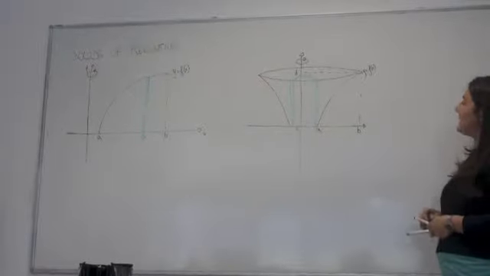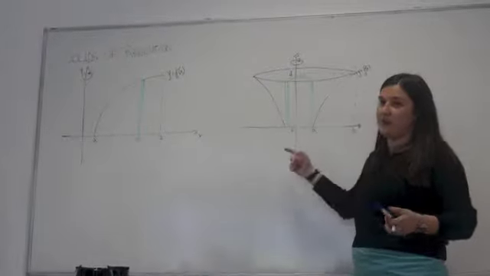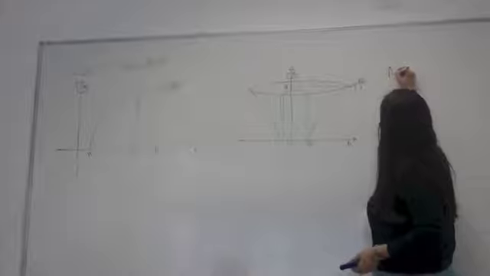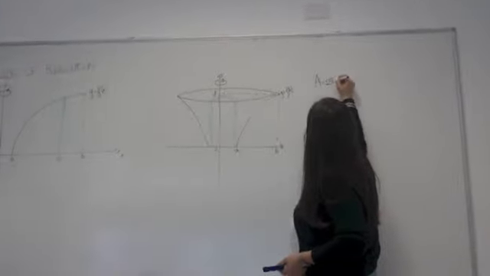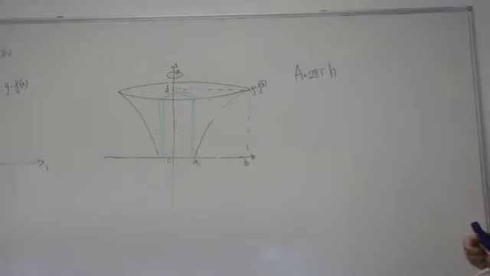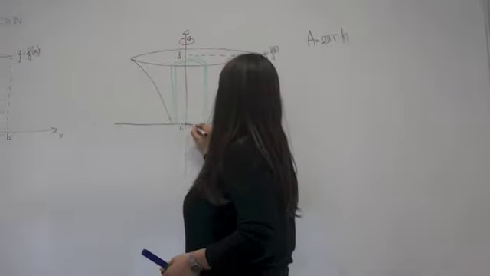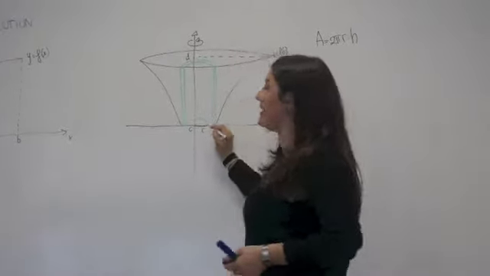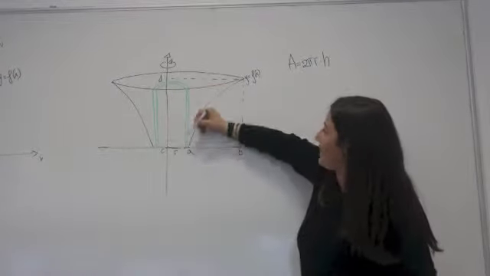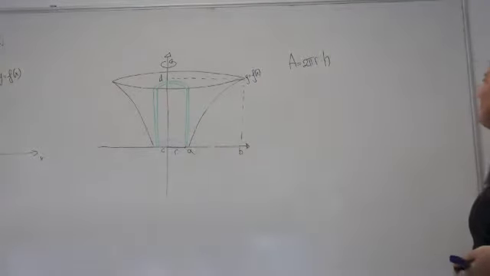Okay, so again, we need the volume of one of the cylinders, which is, we need the area, it's 2 pi r times h. Now, if we need to find r, this is r, and from here to here, it's the height of the function, right?